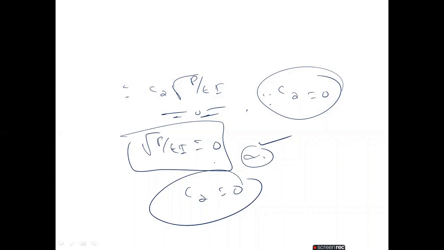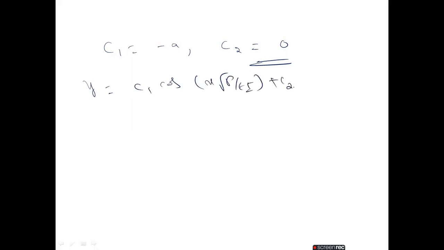Now substitute, we got c1 and also c2. So what are the values of c1 and c2? c1 is nothing but minus a, c2 is nothing but 0. So if you substitute in the first equation we got, that is y equal to c1 cos x square root of P by EI plus c2 into sine x square root of P by EI plus a.